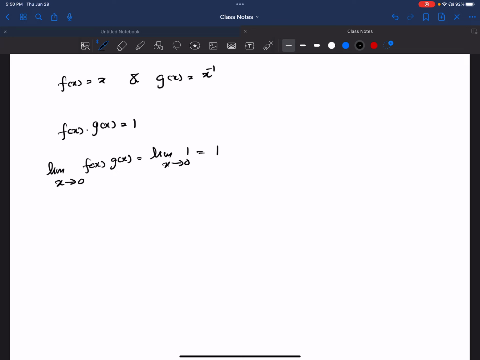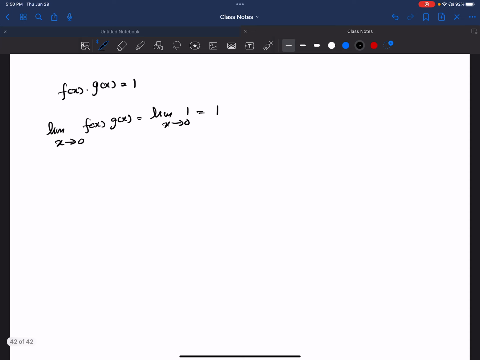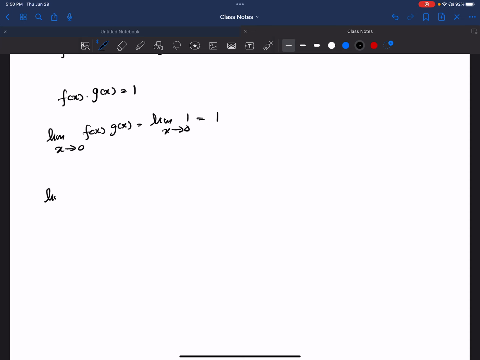But if I use the product rule, what would happen? So if I use limit x goes to 0, f of x g of x, I can use the product rule, limit x goes to 0, f of x times limit x goes to 0, g of x.